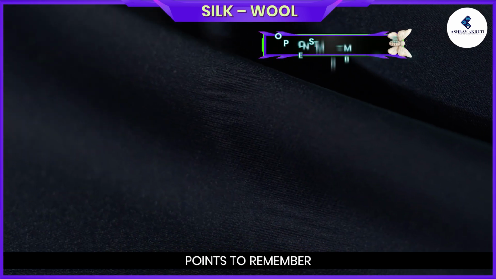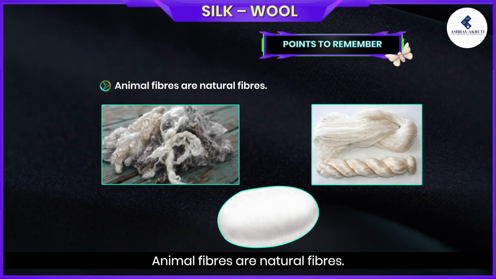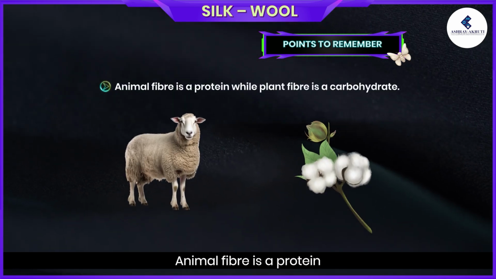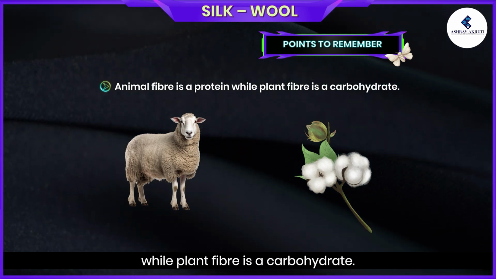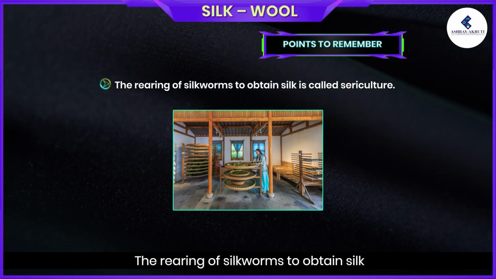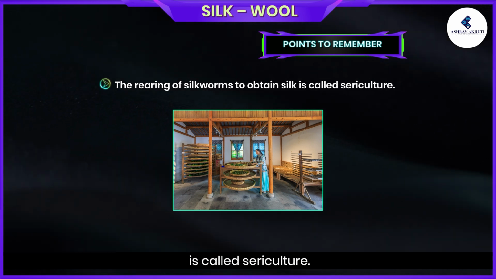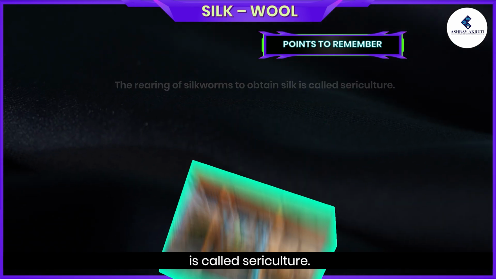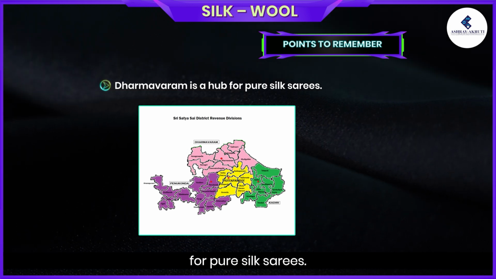Points to remember. Animal fibers are natural fibers. Animal fiber is a protein, while plant fiber is a carbohydrate. The rearing of silkworms to obtain silk is called sericulture. Dharmavaram is a hub for pure silk sarees.